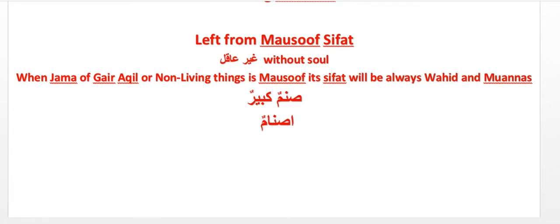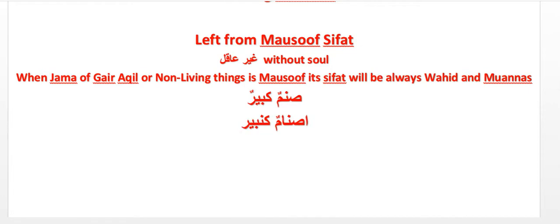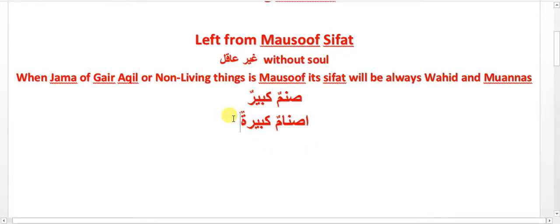Why am I saying wahid? Because we know that when mawsoof is jama, sifat will be always also jama. But this case is an exception, where the mawsoof is becoming ghair aqil. So sanamun, then kabirun, kabirun is wahid. But what? Wahid and muannas. So let's add ta marbuta. So asnamun kabiratun.